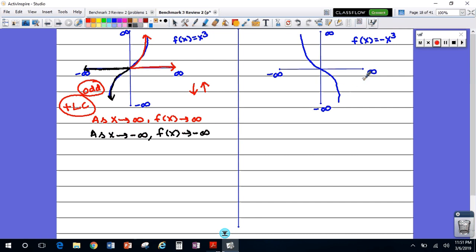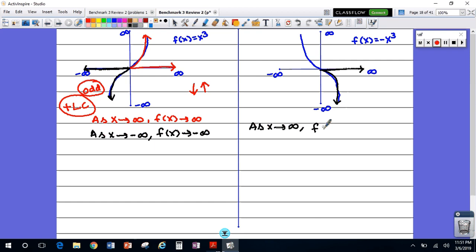In the same way, now when f of x is negative x cubed, your curve looks like this. It means when you go from 0 to infinity, if you move in this direction, to the right side, that is as x tends to positive infinity, then your curve is coming down, right?